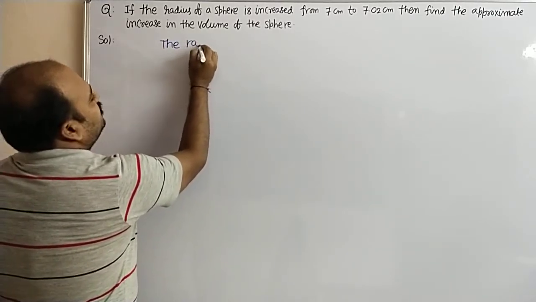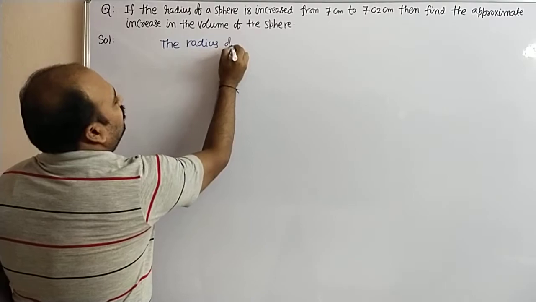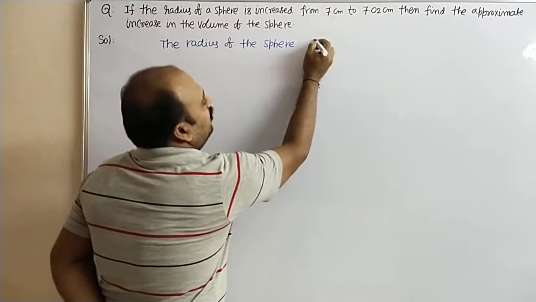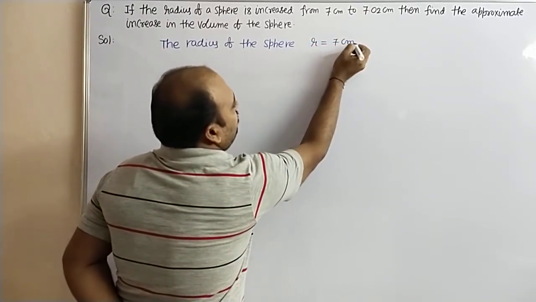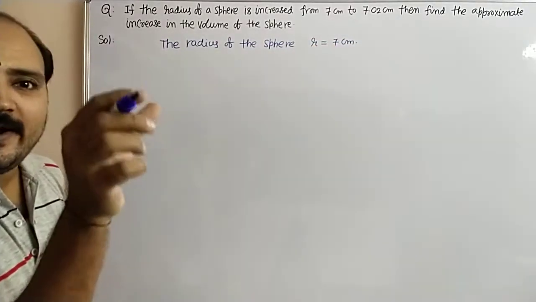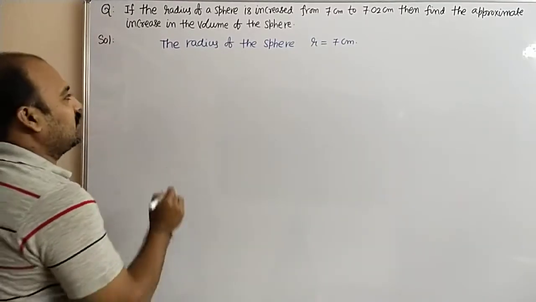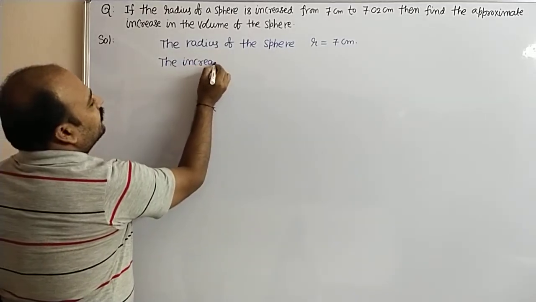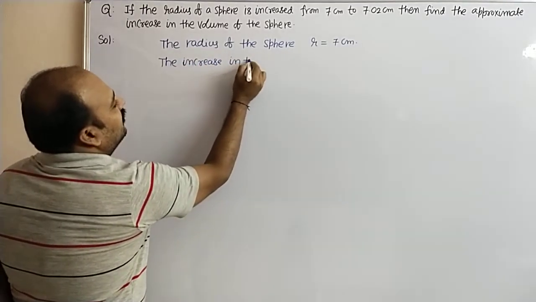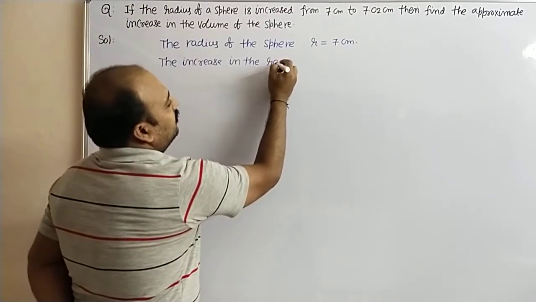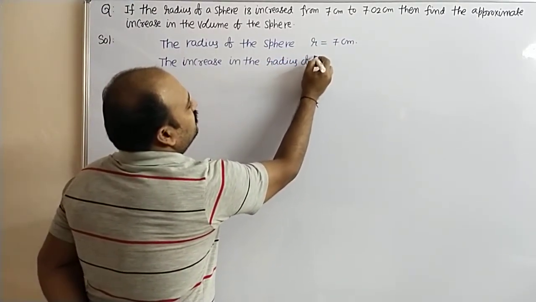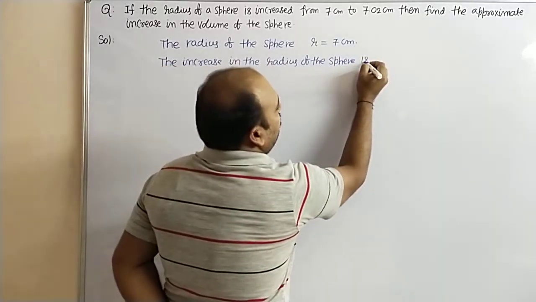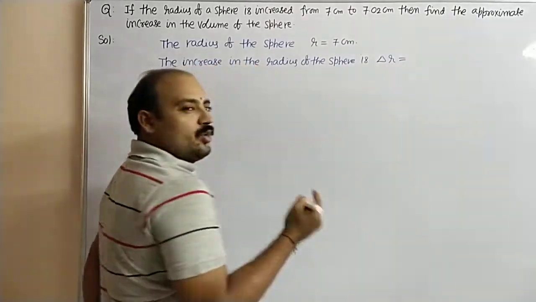The radius of the sphere r is equal to 7 centimeters. The increase in the radius of the sphere is delta r. How to get delta r?